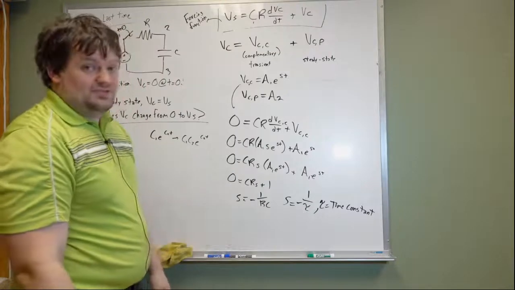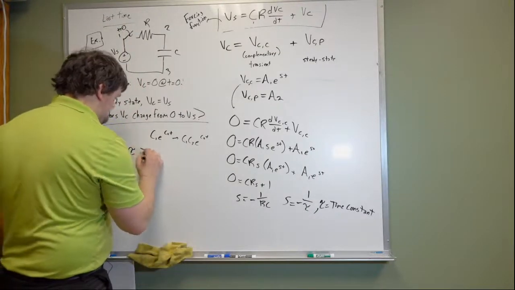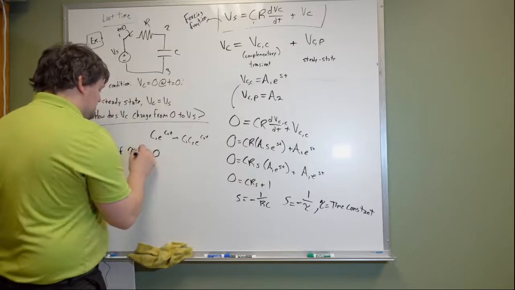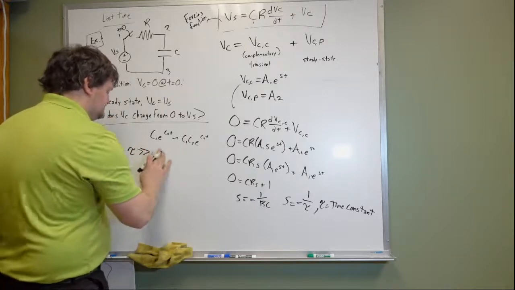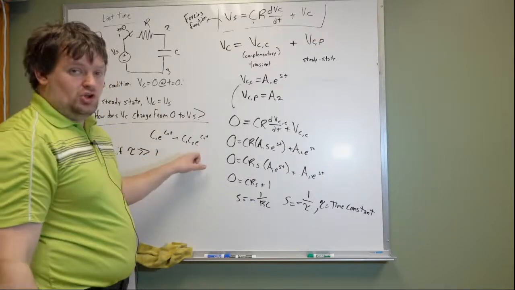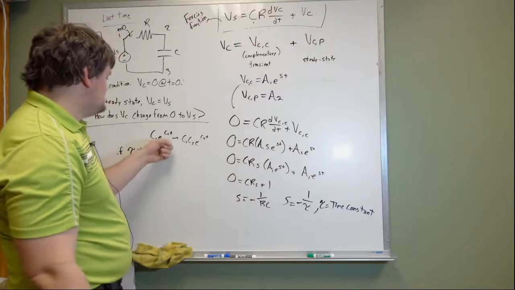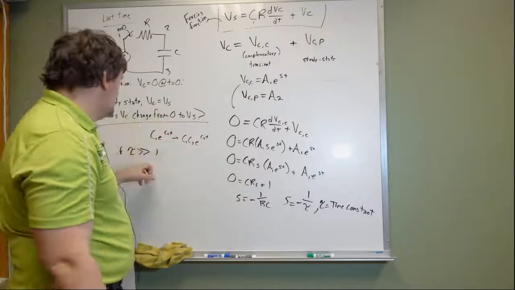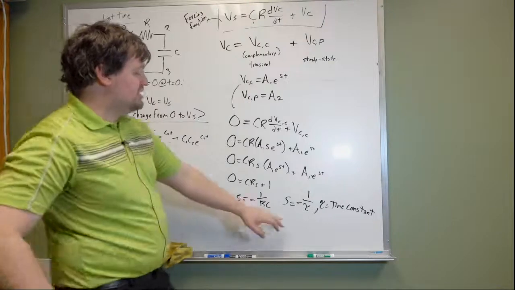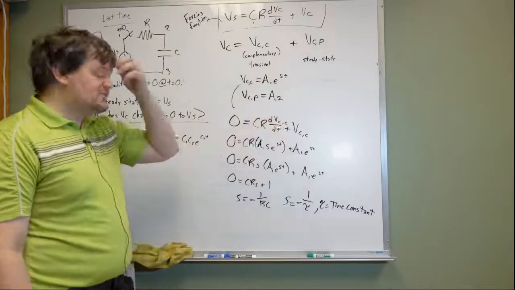Well, if tau is much greater than 1, just gigantic, this is going to take a long time. C1 e to the st is going to take forever, because if tau is very large, s is very small, and it's going to take a long time for the function to develop.